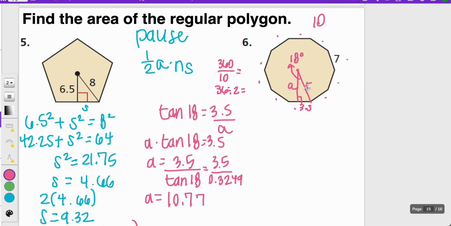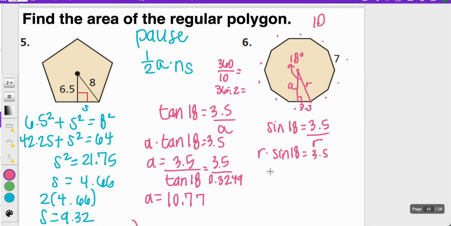Okay, now let's see, I also need to find my radius, and that one is actually going to be found by, can't do tangent again, but I can do sine, opposite over hypotenuse. So the sine of 18 is equal to opposite 3.5 over hypotenuse r. So r times the sine of 18 is equal to 3.5.